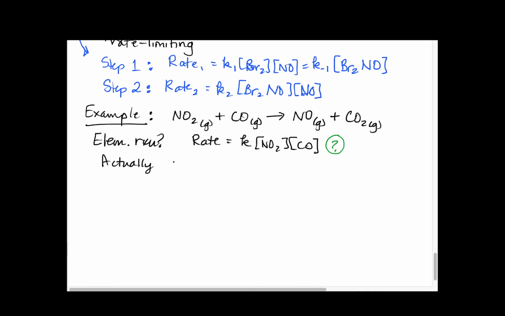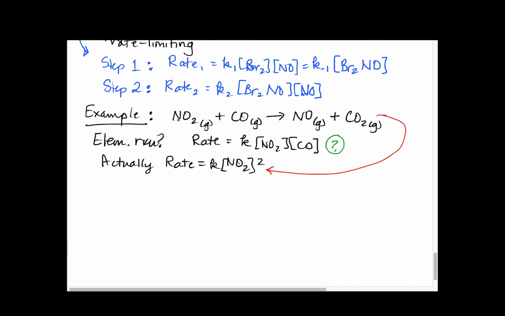It turns out no. In actuality, the real rate law for this experiment is really a rate constant times [NO2] squared. The experimental rate law being different than the stoichiometry of a chemical reaction is actually one of our first cues that we might have this reaction happening in multiple steps rather than in a single step.